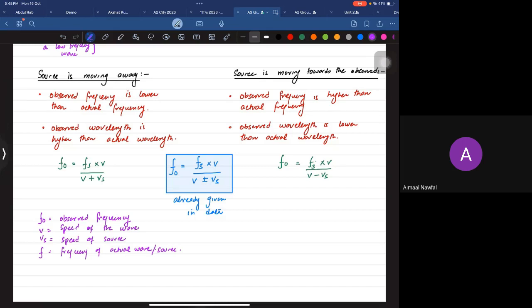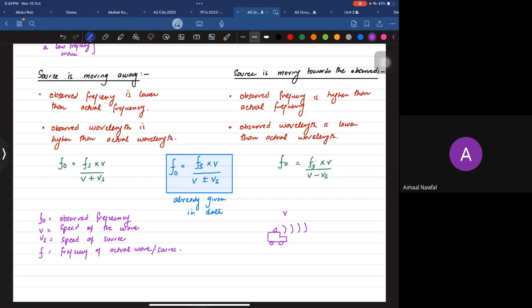What's the difference between V and Vs? Let's suppose there's a car, and there's an ambulance that is sounding an alarm.